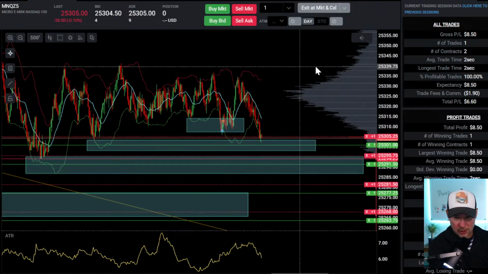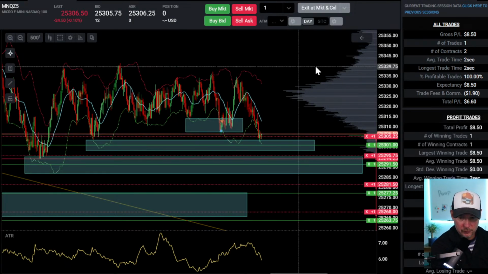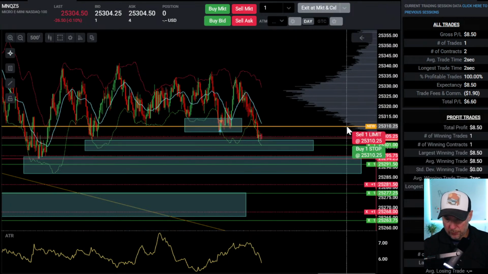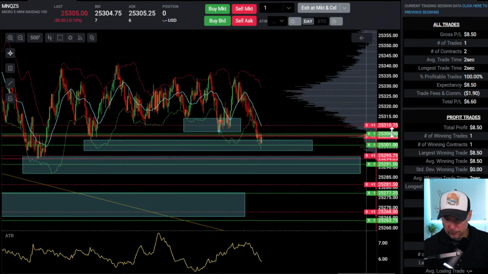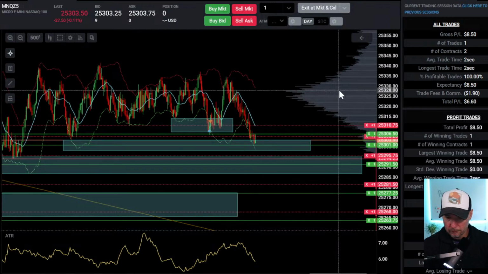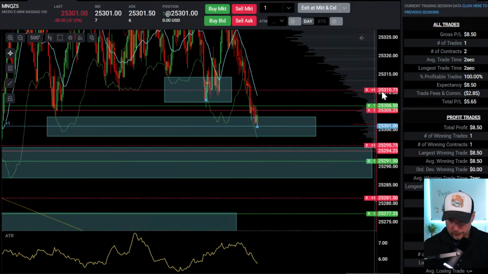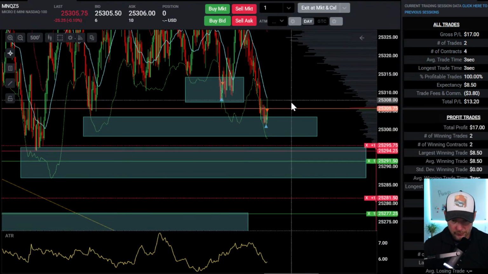It's interesting to see how other indexes behave. All right, we're gonna rip higher here. Never mind. Okay, we did go higher.